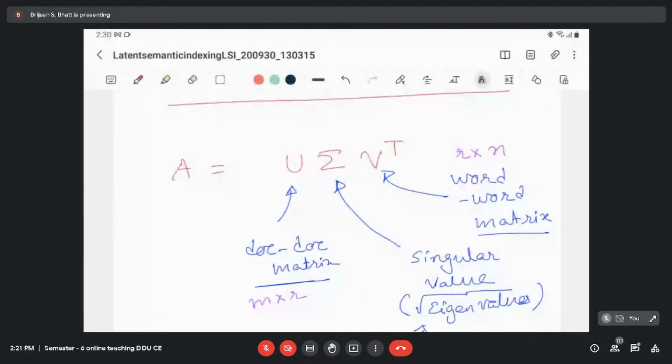So the axes that we get after PCA or SVD, are they a subset of the original dimensions on which the data was defined, or a completely new set of axes on which we are defining the data?